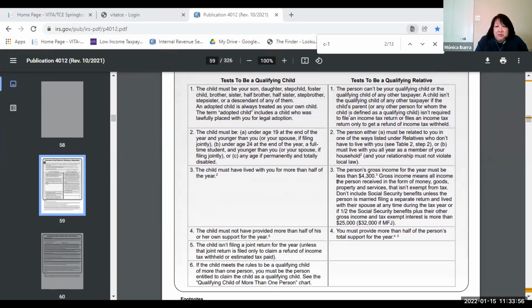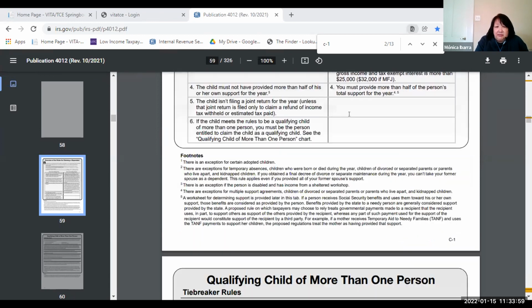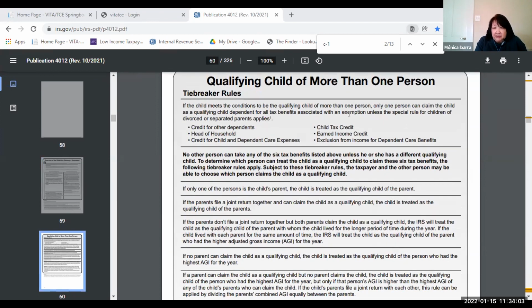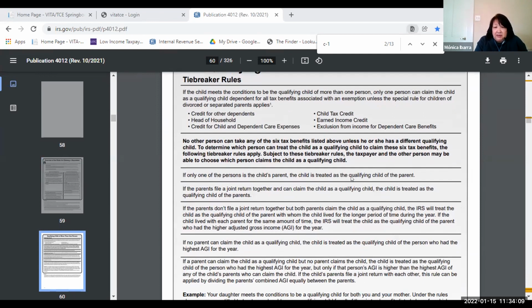There are times when you have a qualifying child of more than one person, and it talks here about the relationship. If you file jointly, that's easy.